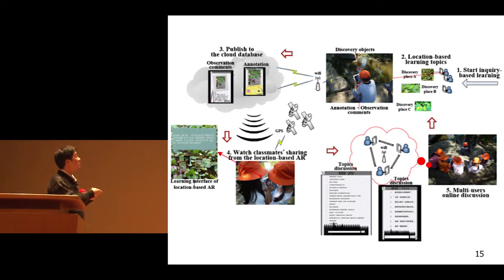Of course, they can make some annotations, give some comments about what they have observed, and then they upload their findings and share their findings with the classmates. And then they go to a discussion forum to make discussion based on the question raised by the teachers.